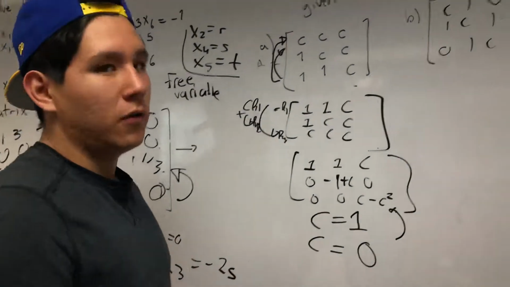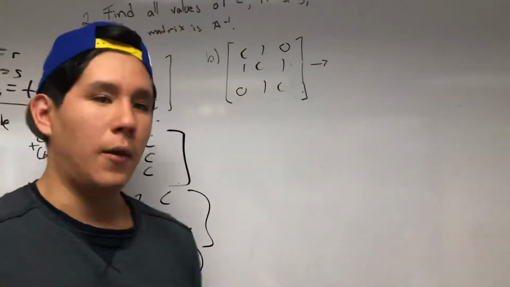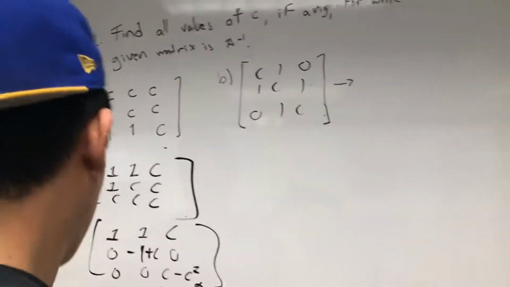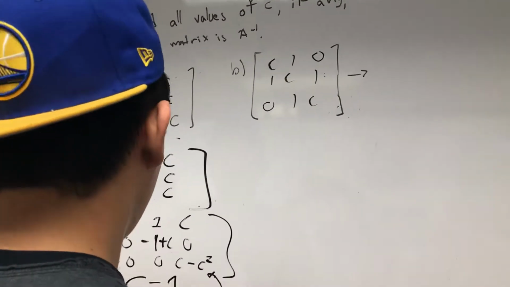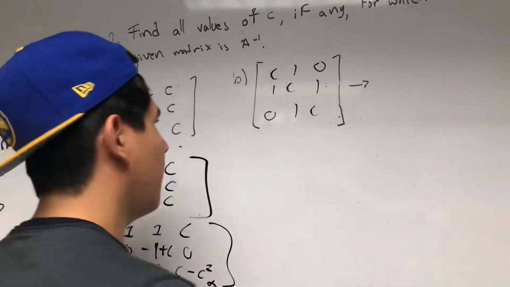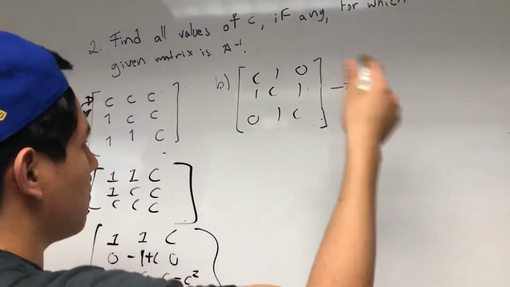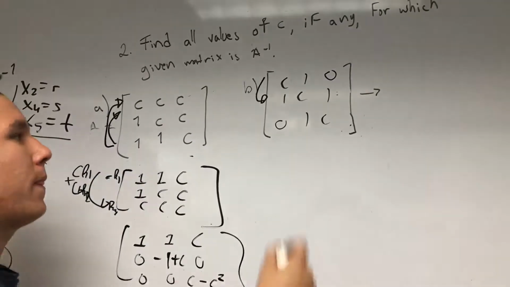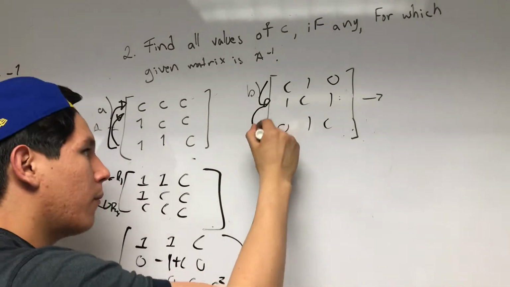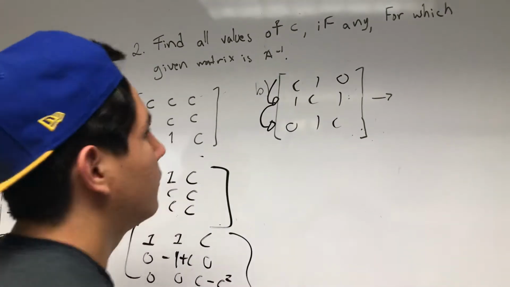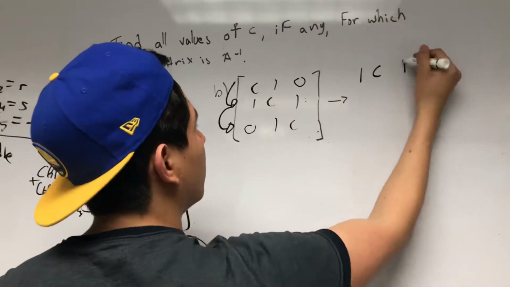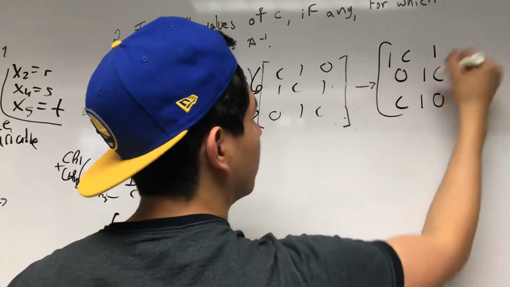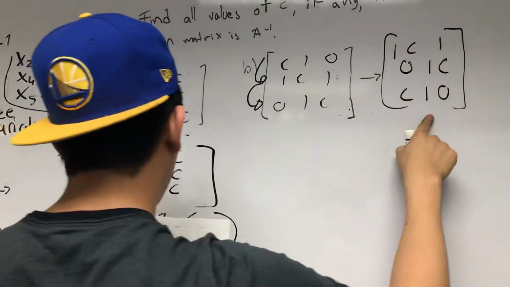So we keep going to part b, our final problem. It's almost the same as the first one, kind of different, but we start by changing our rows. We change row 1 with row 2, and then row 2 with row 3, so it will turn out like this: 1, 0.